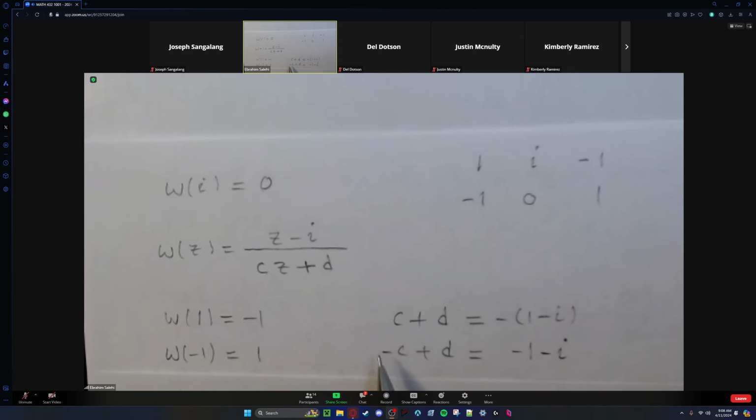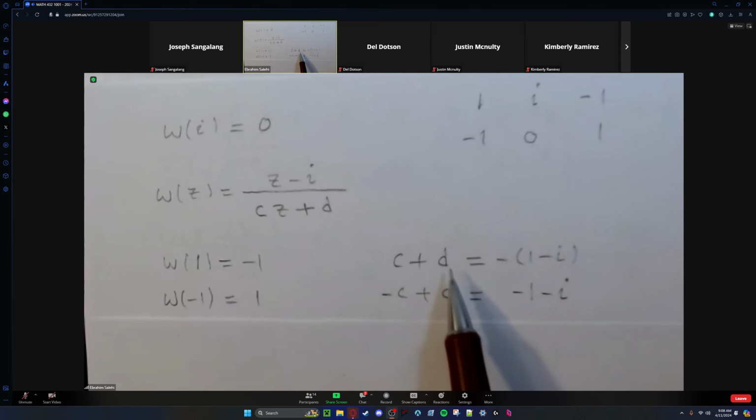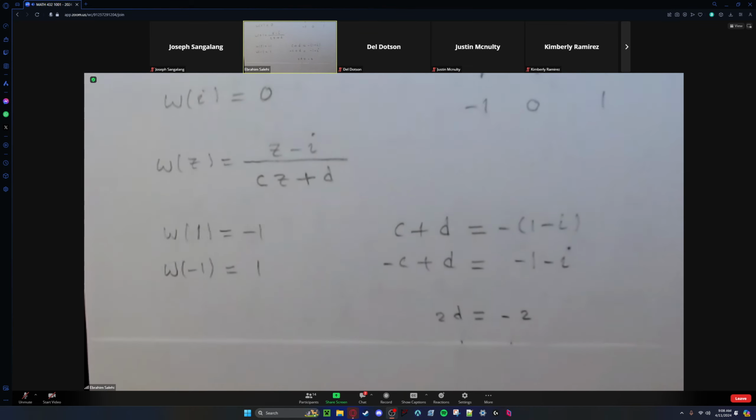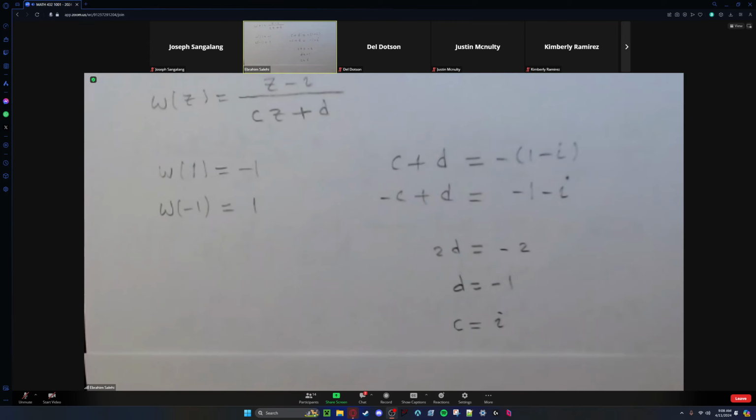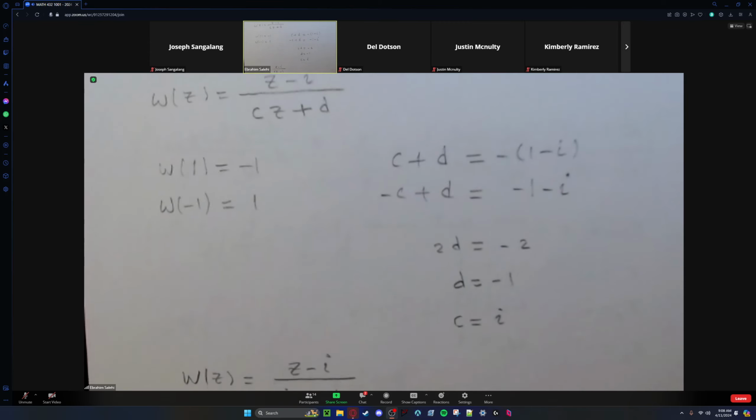So 2 equations with 2 unknowns, you solve this for C and D. For example, if you add them, you get 2D, whatever, and that is your D. And as soon as you get D, plug it in here, you get C, all right? C is i. Here we go.